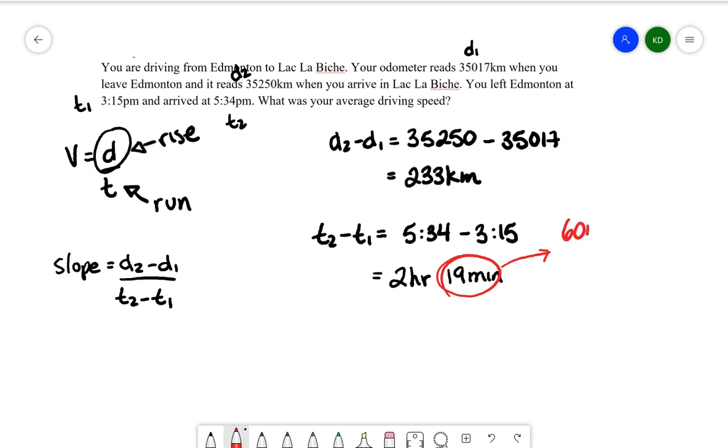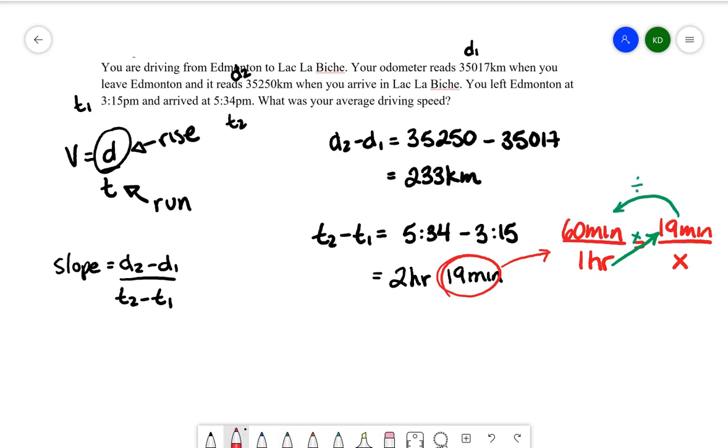So we know that 60 minutes is equal to 1 hour. And what we want to know is how many hours is 19 minutes. Here's our cross multiplication coming up. When we cross multiply and divide, we multiply the two numbers that are diagonally across from each other, so 1 multiplied by 19, and then we divide by the third term that's left.